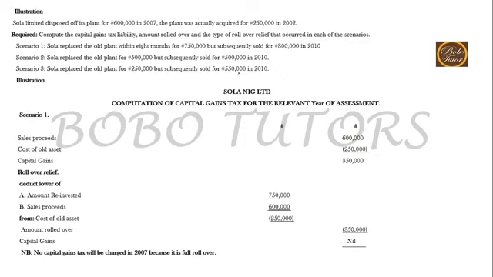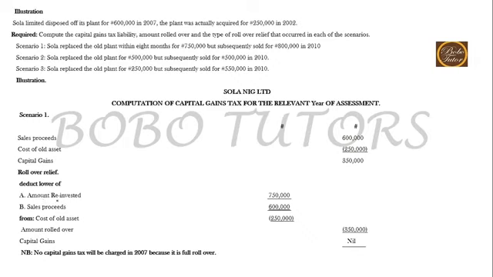That's the A aspect. The sales proceeds of the old asset is 600,000 and the cost of the old asset is 250,000. That's clear. That's 350,000. Then applying the rollover relief, you deduct the amount reinvested. That is the amount you used to purchase the new asset, which is 750,000 naira.